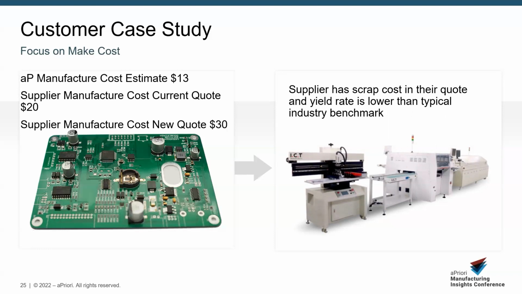So instead of trying to negotiate 5% off all of the boards that they buy, or trying to minimize the increase they were getting on all of the boards due to components, they focused the discussion very specifically on this board because it had a large make spend and a large gap. They were able to have a discussion about manufacturability and scrap instead of component costs.